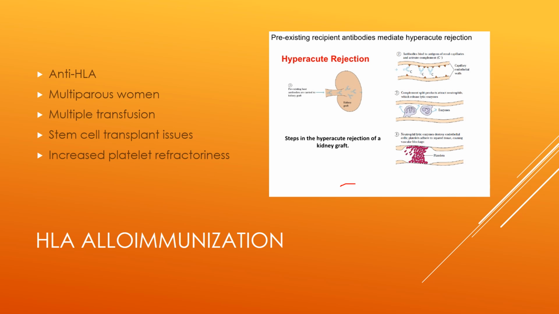But when we're talking about a blood component, they're rejecting the white cells that were in the unit that you gave them. It's usually not as obviously severe as losing a whole kidney, but it could still be anaphylactic, and that can lead to shock. So we do have to worry about this.